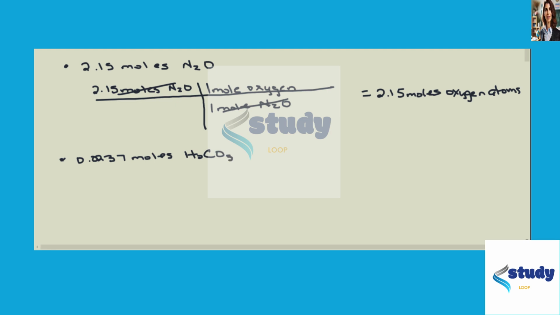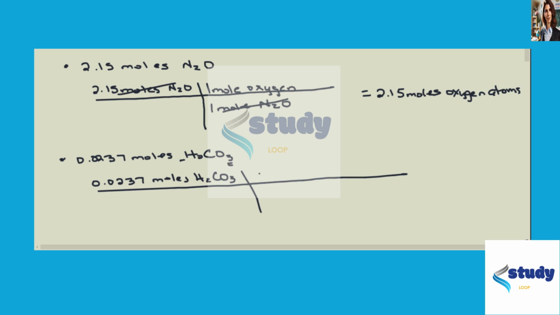And so if I have 0.0237 moles, and I know that I have 3 moles of oxygen to 1 mole.